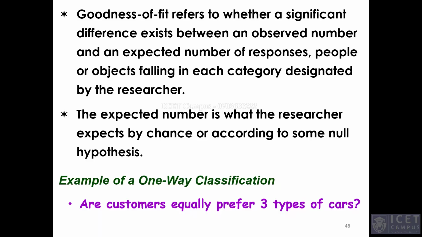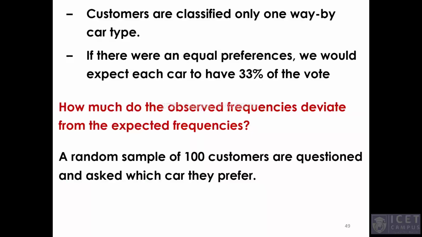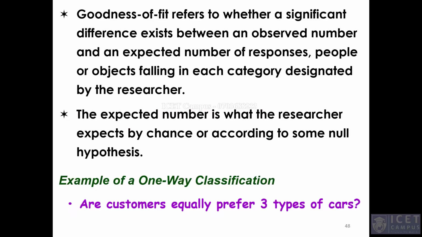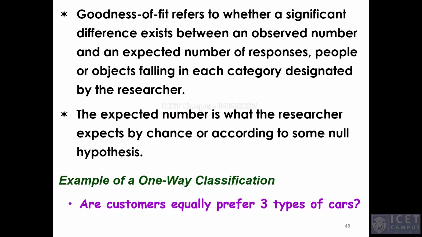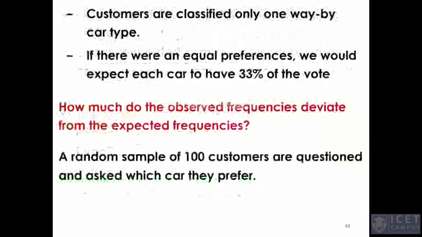So, an example of one-way classification: do our customers equally prefer three types of car? A researcher wants to classify whether the customers equally prefer three types of cars, so we can use chi-square, where customers are classified only one way, by car type.